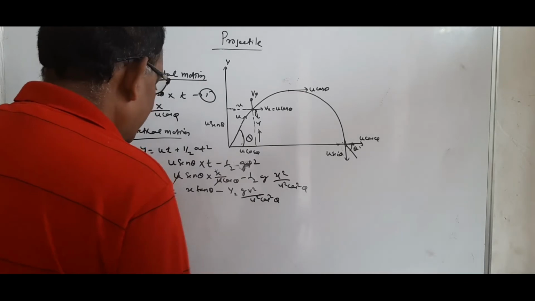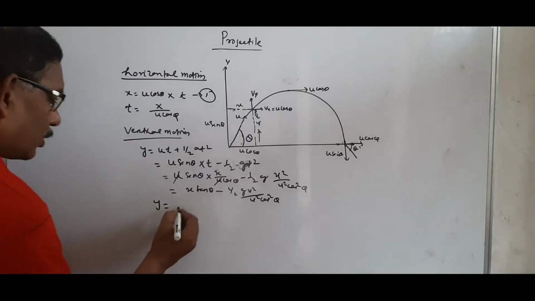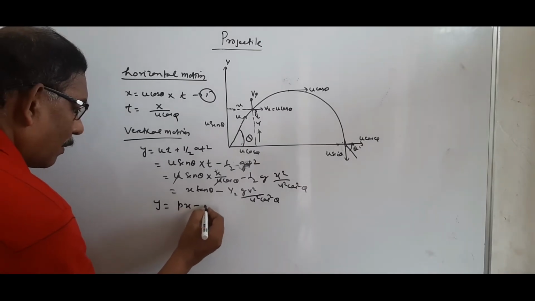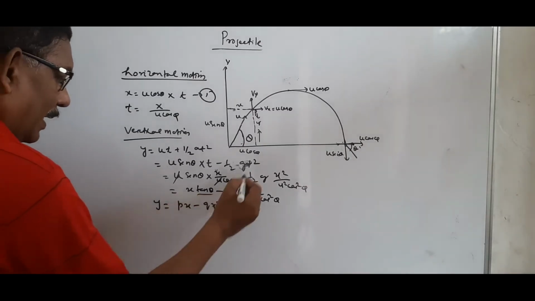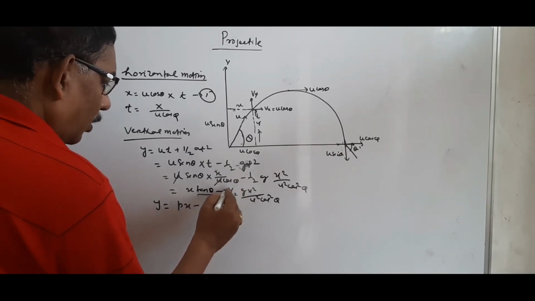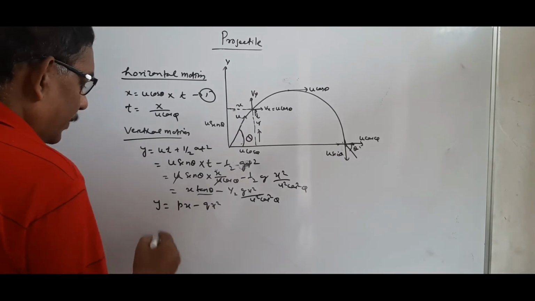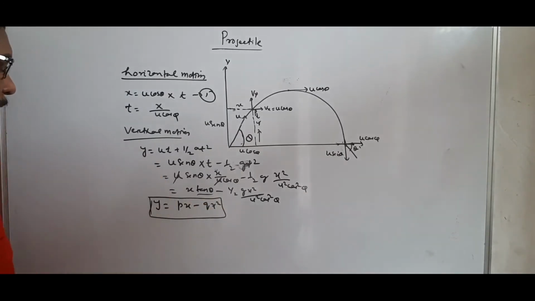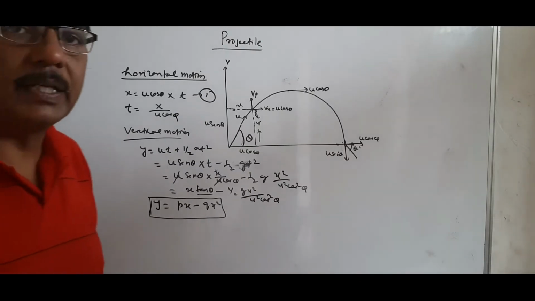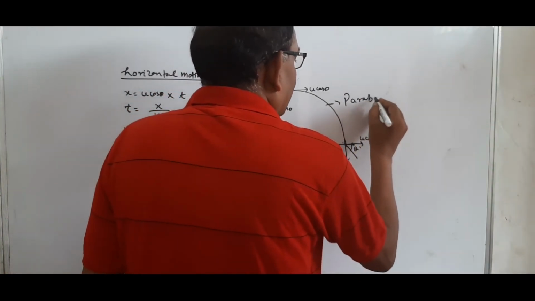This is an important equation, and you write it in this way: y equals px minus qx square. What is p? P is tan theta. What is q? All the constant, half g by u square cos square theta, is q. So it is the equation of the projectile which is parabolic in nature. It means a parabolic path.